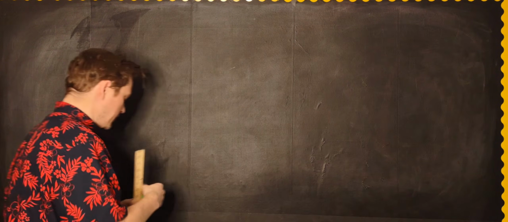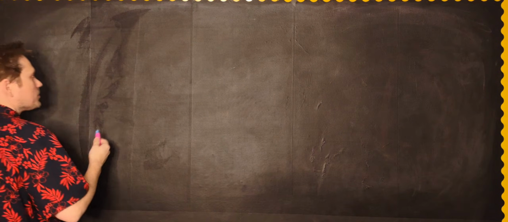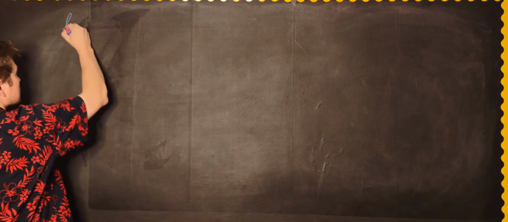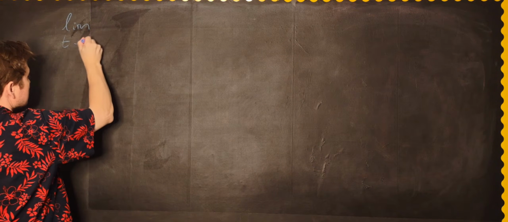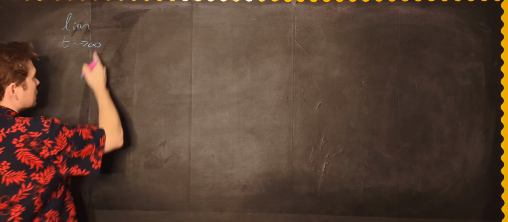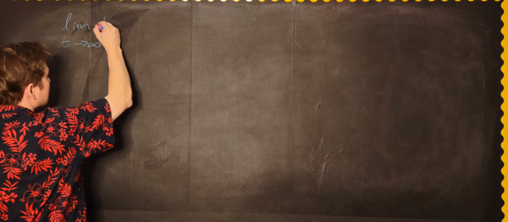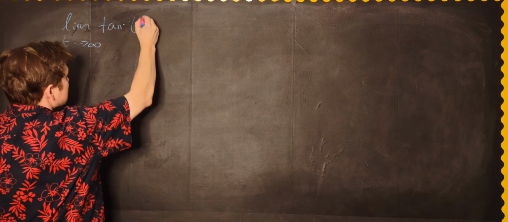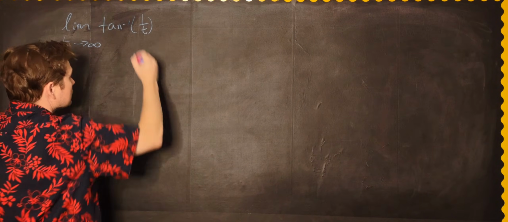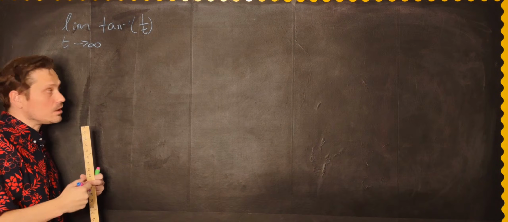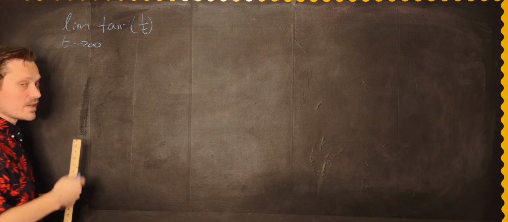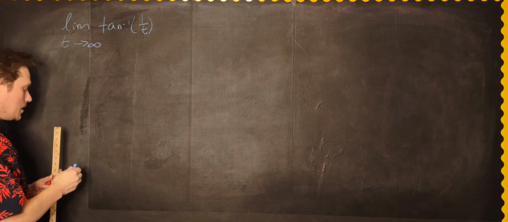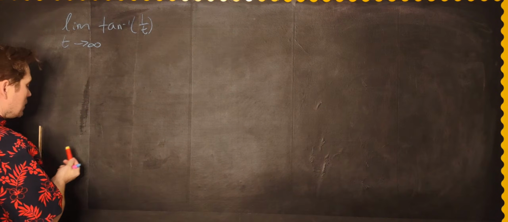Take a look. Here's a pretty standard question. The limit, as t goes to positive infinity, of, let's say, tan inverse of 1 over t. This is a limit question from calculus, and often you're told you can do this with variable substitution. So this is what we often do.